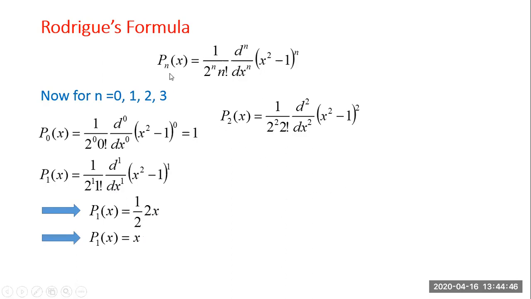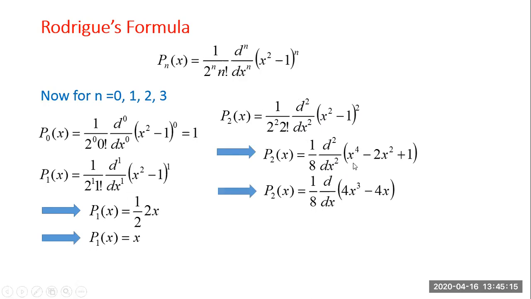So P2 of x, put n is equal to 2. We get 1 by 2 power 2, 2 factorial, second derivative of (x square minus 1) power 2. So 2 square is 4, 2 factorial is 2, you get 1 by 8 into the second derivative of (x square minus 1) power 2. So 1 by 8, and (x square minus 1) power 2 is x power 4 minus 2x square plus 1. Differentiate this 2 times with respect to x.